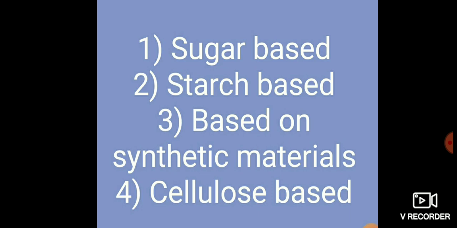Starch and sucrose are used as input for manufacturing. Polyhydroxybutyrate. Sugar-based polymers can be produced by blowing, injection, vacuum forming, and extrusion.